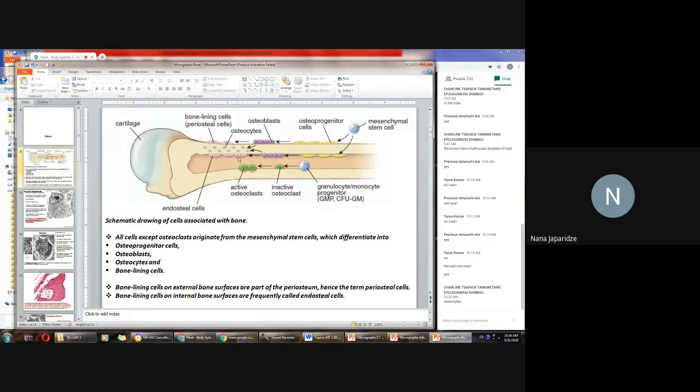They line the trabeculae also, so in the spongy bone, all surfaces are lined with the endosteal cells. And periosteal cells are represented in the periosteum. Periosteum is a layer of tissue which has the same function as perichondrium has.